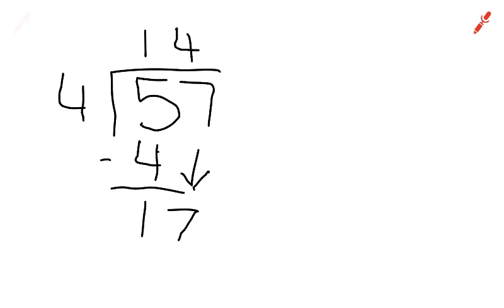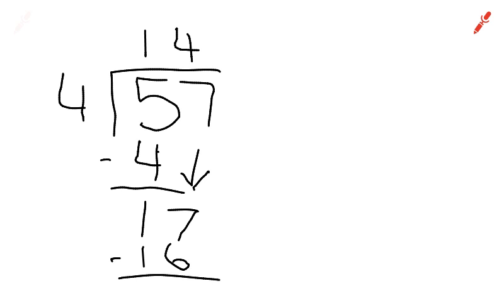We did this in the last lesson and the lesson before. 4 does go into 5 one time. 4 times 1 is 4. Subtract. We get 1. Let's bring down our 7. How many times does 4 go into 17, Zara? 4. What is 4 times 4, Bella? 16.